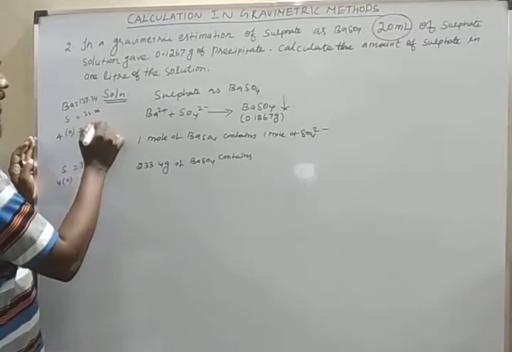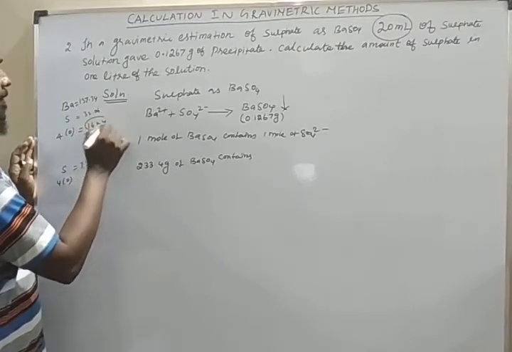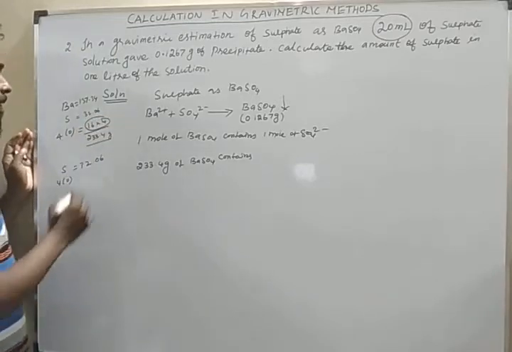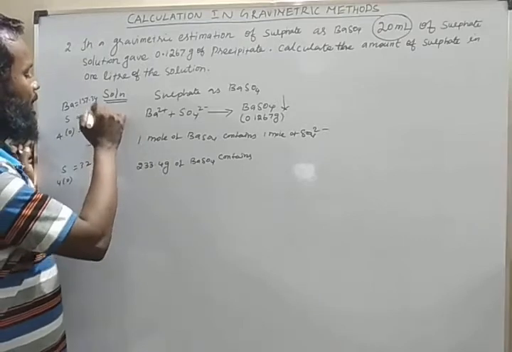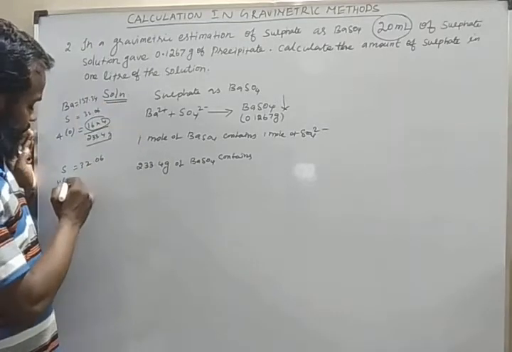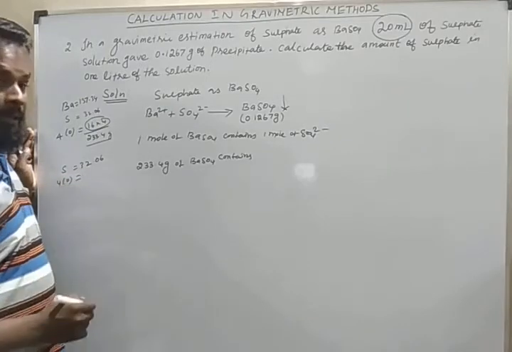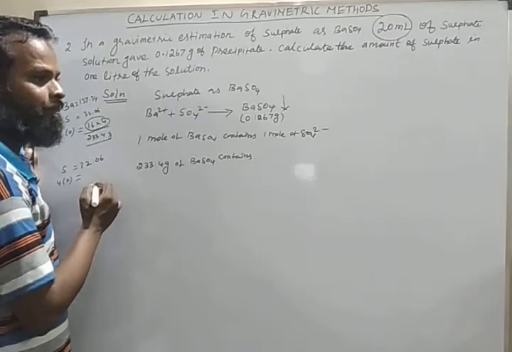Here again, 16 into 4, that gives... we have to add these values only. 230, if you multiply this and add these values, then you are getting 233.4. And 4 into 16 gives, so what is the value?